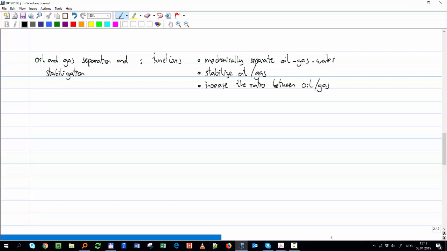When it becomes higher, I get more oil, and oil is something that I can sell, it is much more expensive. So in our benefit, I always try to increase the ratio between oil and gas. I try to get more oil out of it. And we're going to see a bit how that's done.